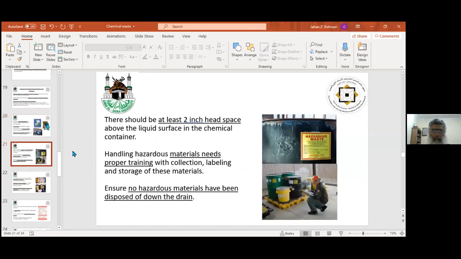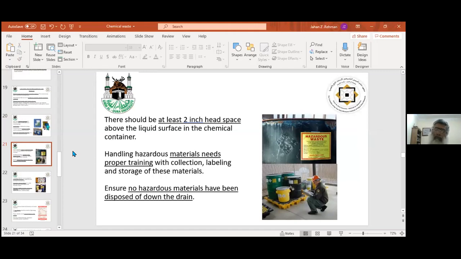Okay, when you pour liquid into the bottles or the canisters, keep in mind to leave at least 2-inch empty headspace, because as we discussed before, every liquid evaporates at every temperature. Temperature may increase or decrease the rate of evaporation, but evaporation is going on at every temperature. Is it clear?